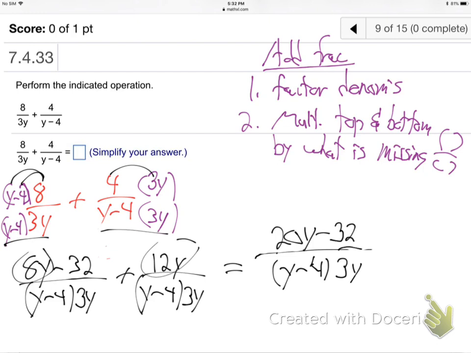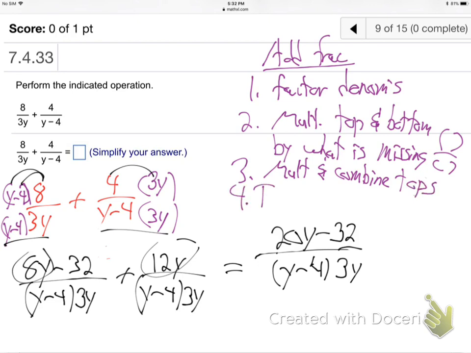Now, let me finish my steps here. Multiply and combine terms in the tops.